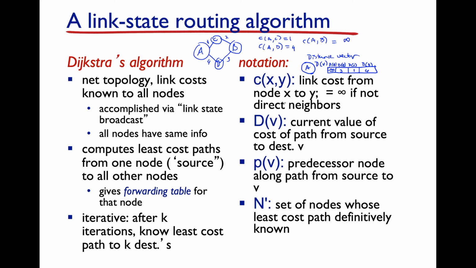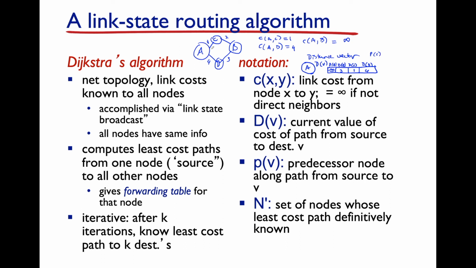So then we have this P function, this P(v). P(v) is the predecessor node along the path from the source to some destination v. So the predecessor is the one that you go to get from that source. So for A, P(C), that predecessor is going to be A, right?